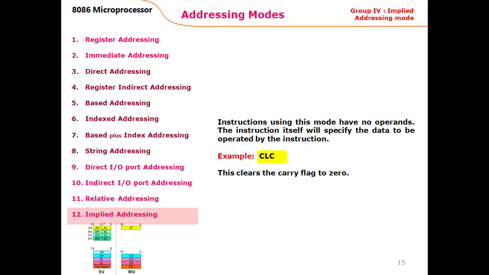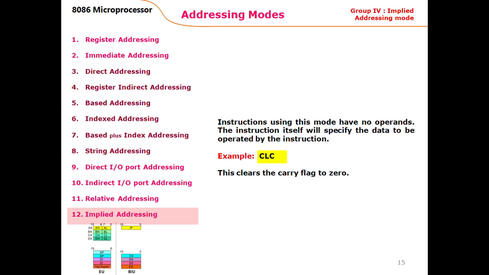For example, there is an instruction that clears the carry flag. When the microprocessor executes this instruction, it knows where the data is. The data to operate on is in the flags register, the carry bit in the flags register, and this instruction will just clear that carry bit. This is implicitly implemented in the hardware of the microprocessor, and the programmer does not need to provide that address as part of the instruction or through other addressing modes.